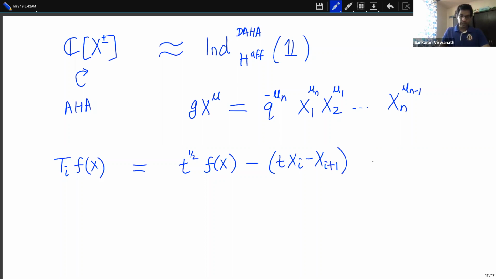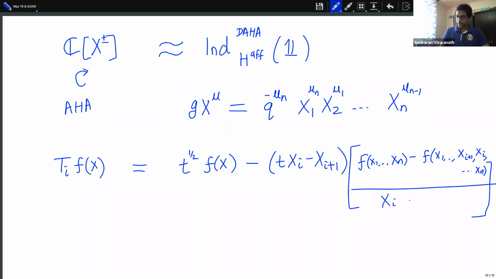So it's f(x1, x2, ..., xn) minus f with the variables xi and xi+1 interchanged, divided by xi minus xi+1.